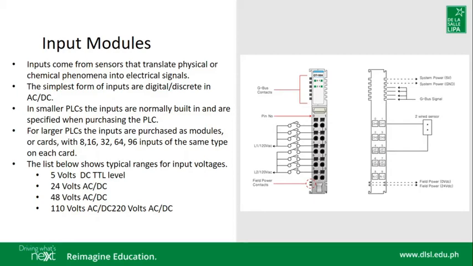It depends on the PLC manufacturer or the type of PLC that you are using. Such ranges of voltages are the following: 5 volts DC, 24 volts, either AC or DC, 48 volts AC or DC, or even as high as 110 volts AC, 220 volts AC or DC.